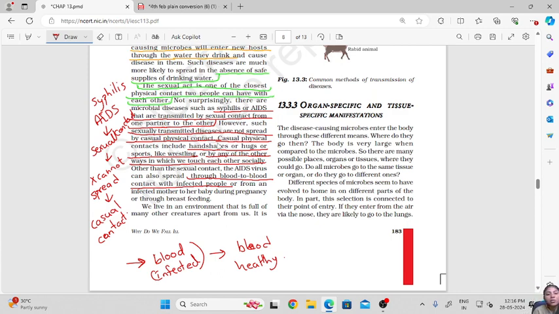It can also be transmitted from an infected mother to her baby during pregnancy or through breastfeeding. So this is another way in which the sexually transmitted disease can be spread.